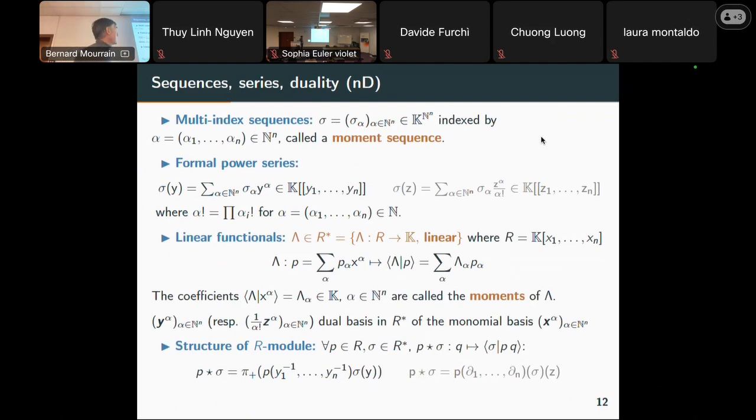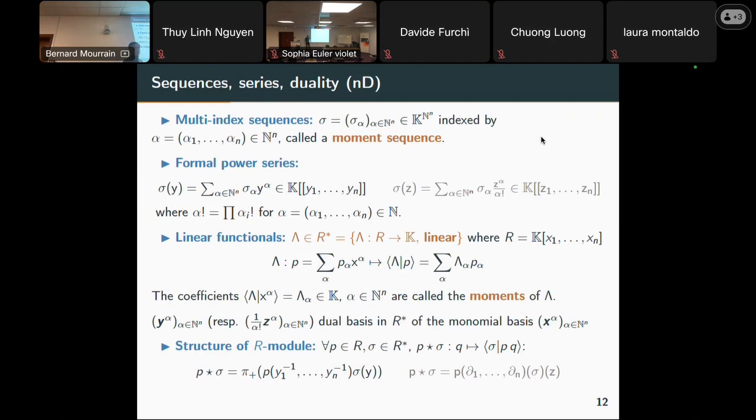But alpha is in N^n. Yes, so it's a sequence of values. No, the alpha is a vector. The sigma alpha is a value. So we have monomials with exponents, and for each exponent we have a value. And this is the moment sequence. So the sigma are like the coefficients of polynomials, not just any... They are coefficients of, yes, they could be coefficients of series here.